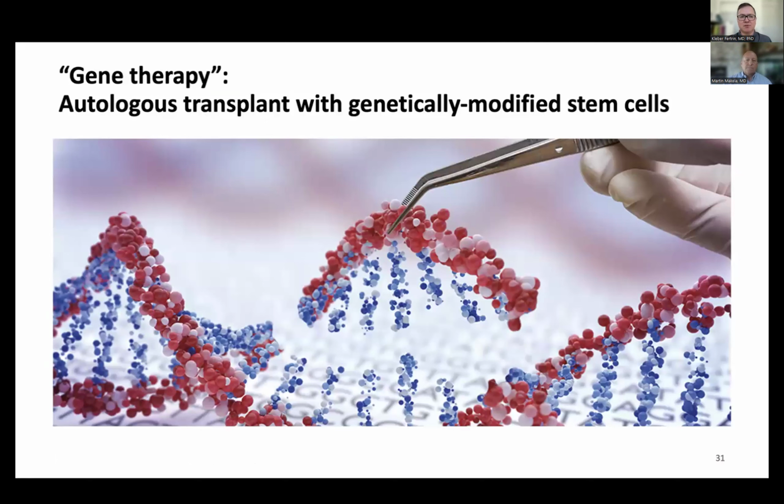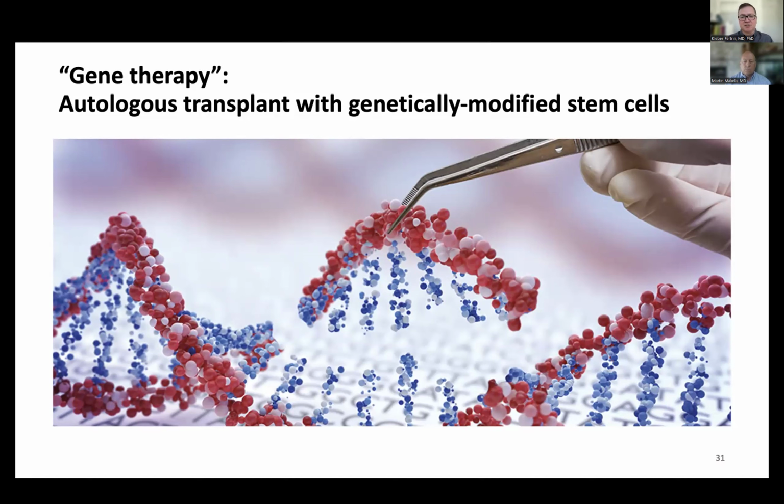And that's the reason why there has been so much investment in trying to develop what we call generically gene therapy, which is actually an autologous transplant with genetically modified stem cells. So essentially, instead of looking for someone who is a match, you get the patient's own stem cells and make them healthy so they can get transplanted back to the patient.